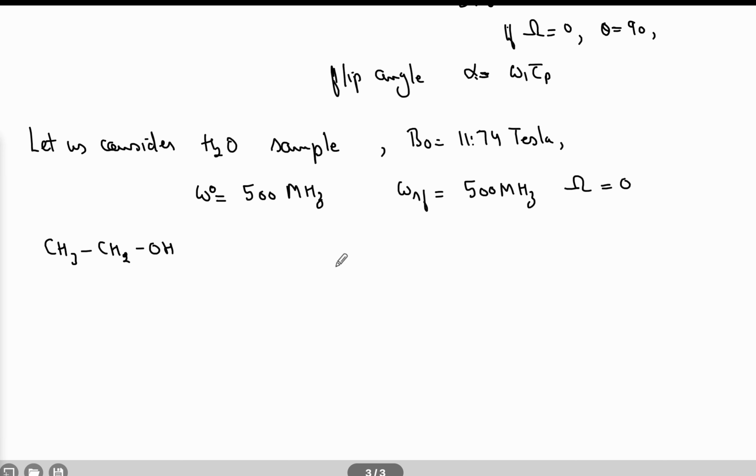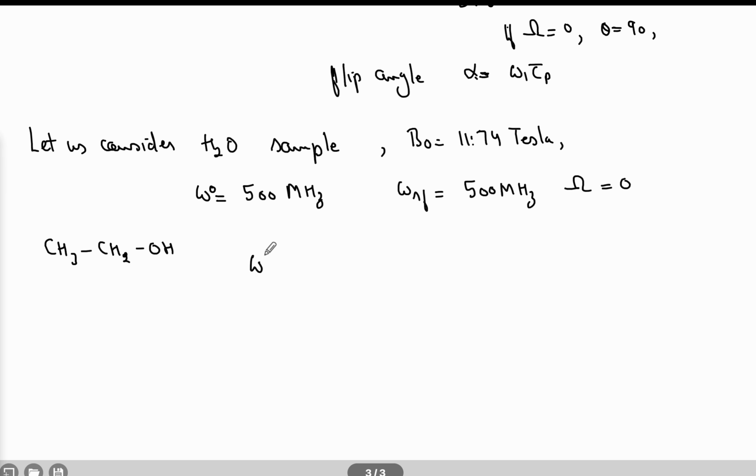So the different electron density shields the protons from the applied magnetic field, and hence even though the applied magnetic field is 11.74 Tesla for each of them, the experienced field will be different. So the corresponding Larmor precession frequency will also be different, because the experienced B0 is different. That's why omega naught will be different.